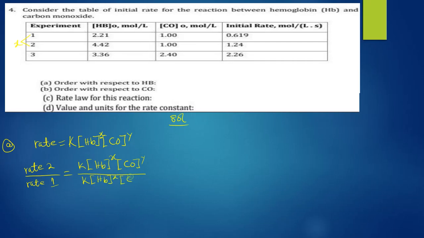Then there you're having carbon monoxide, raised to Y like that. And then here you need to use now the information in the table given. So here your rate 2, have you seen what rate 2 is? So your rate 2 you're having 1.24, then you just have to substitute.